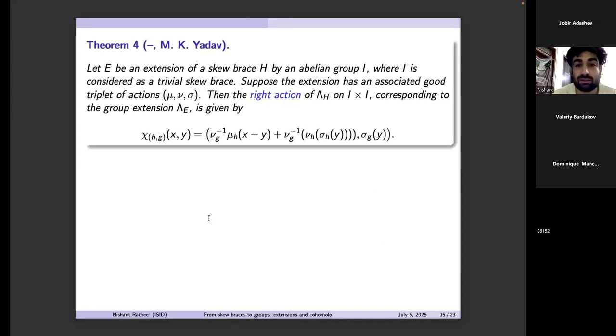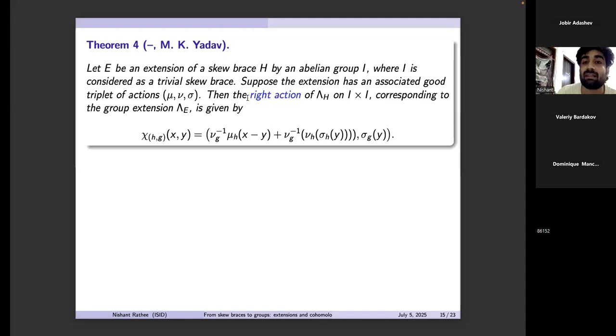Okay, so now this is also a result from ongoing work with my PhD supervisor. Suppose E is an extension of a skew brace H by an abelian group I, where I is considered as a trivial brace. Suppose the extension has associated good triplet of actions mu, sigma, which we have defined: mu corresponding to the action of additive groups, lambda corresponding to the action of the lambda map, and sigma corresponding to the action of the multiplicative group.